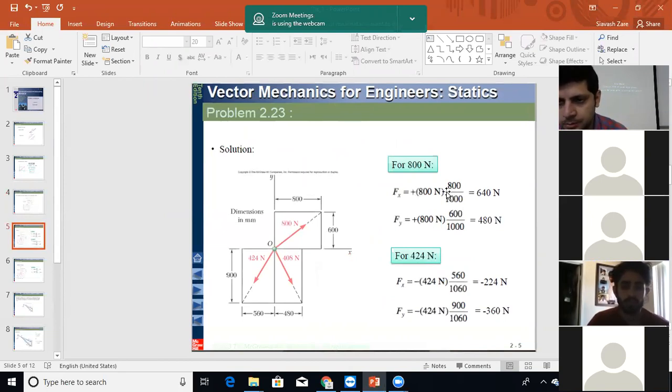So for f of x, for the 800, you must multiply 800, which is the magnitude of this vector, by the cosine of theta, which is 800 over hypotenuse, and that's 800 over 1000. So this way you get fx. That is a positive number because f of x lies on the positive x-axis.